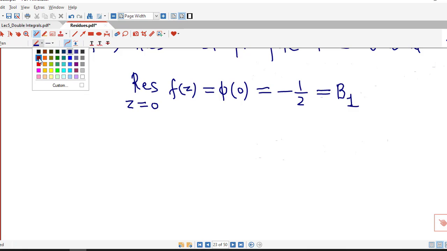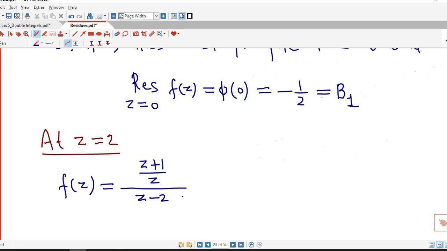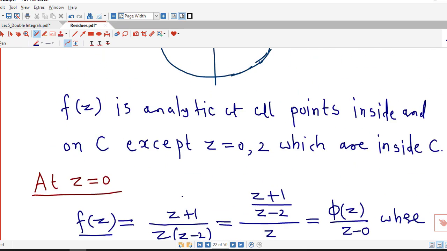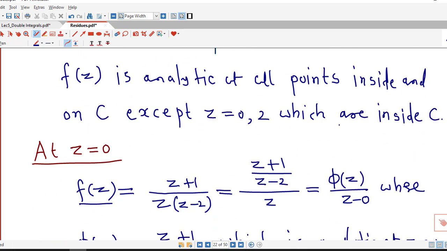So this is the residue of f of z at z equal to 0, which we denote by b1. Similarly, we find the residue of f of z at another point, which is z equal to 2. So for this we rewrite our function as, instead of z in the denominator, now we require z minus 2 in the denominator. So we rewrite our function as z plus 1 over z, and in the denominator z minus 2.